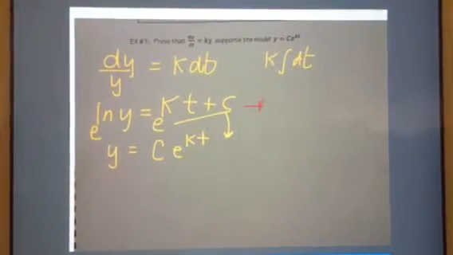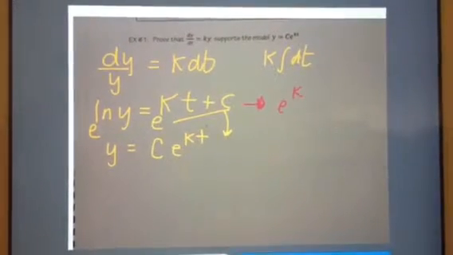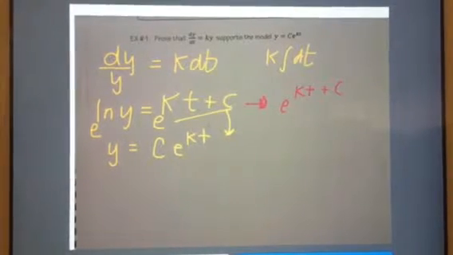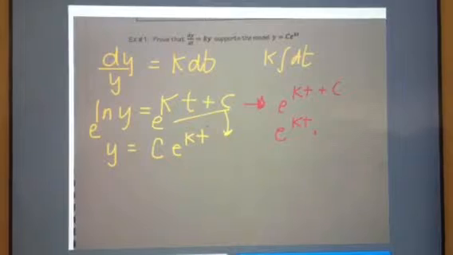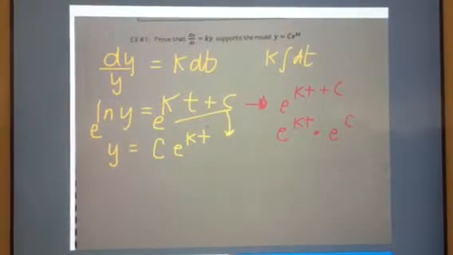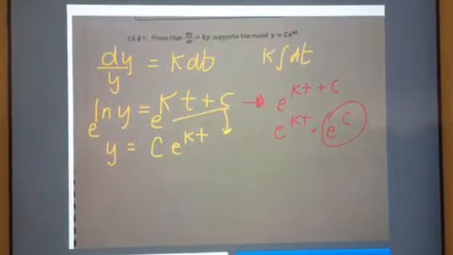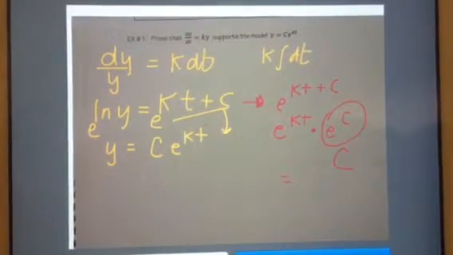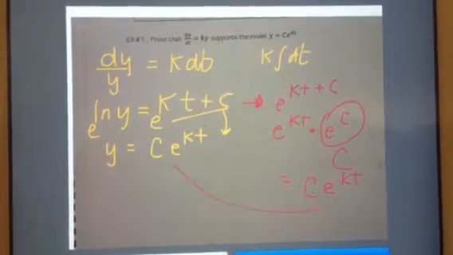In this portion right here, we have e to the kt plus c. Rules of exponents, we can split that up into e to the kt times e to the c. Well, e to the c is just a constant, so we can actually change that just to be some value c. So then this becomes ce to the kt, which is what we have here.